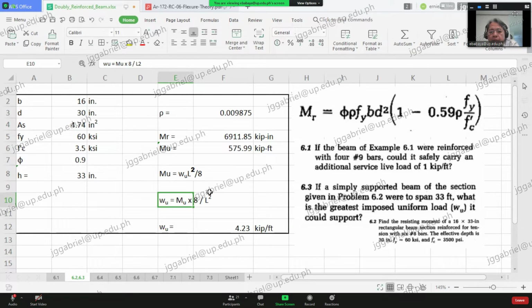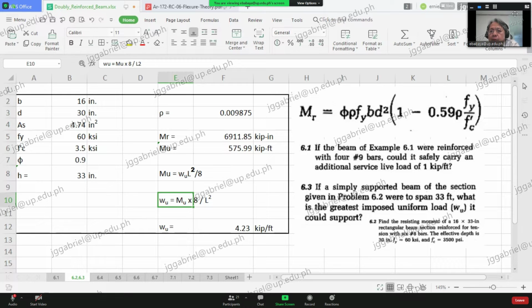So there is one foot remaining at the bottom; the foot on top from MU cancels. So effectively, you'll get kip per foot. That's the unit for a distributed load, particularly for this problem, a uniformly distributed load.